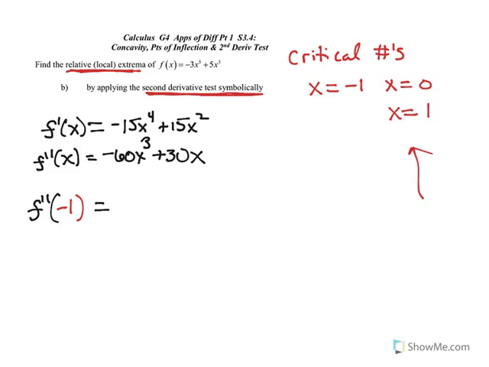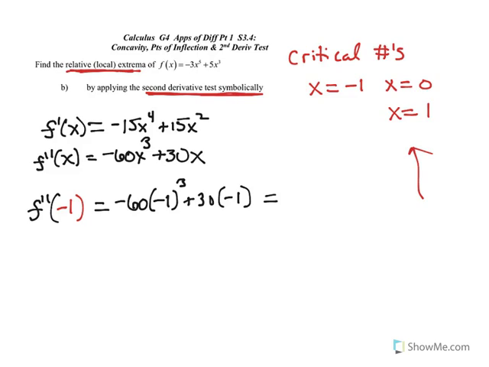And when we put -1 into f double prime, we're going to see what the output is. So it's basically going to be a -60. -1 is going in to f double prime. And we need to see if that works out to be positive or negative.